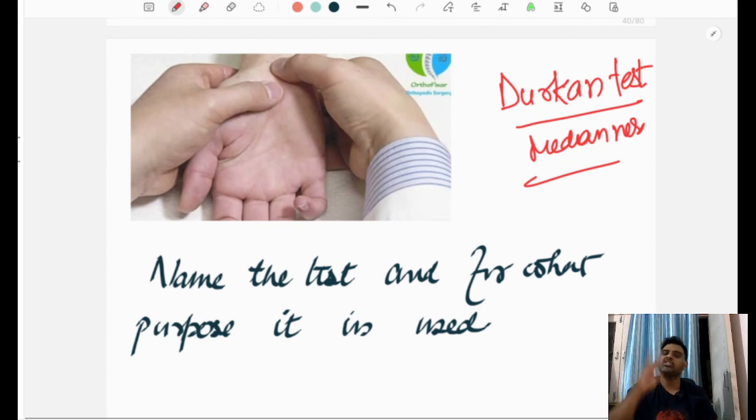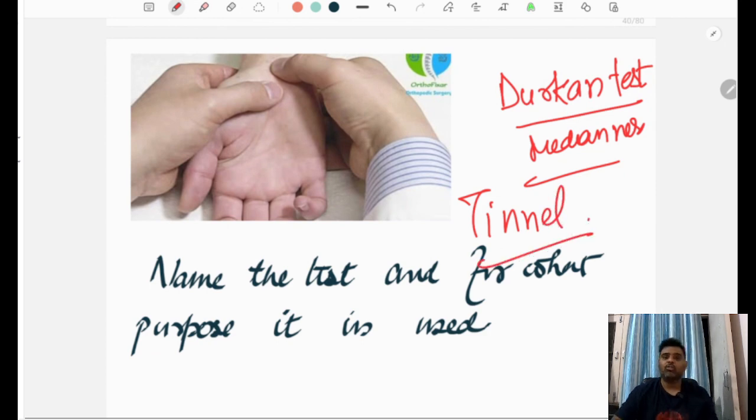And there are 3 tests which you have to know. First is the Durkan test, where you apply pressure on this area, and the patient will feel pain in the palm area. Second is the Tinel test. What happens in this?